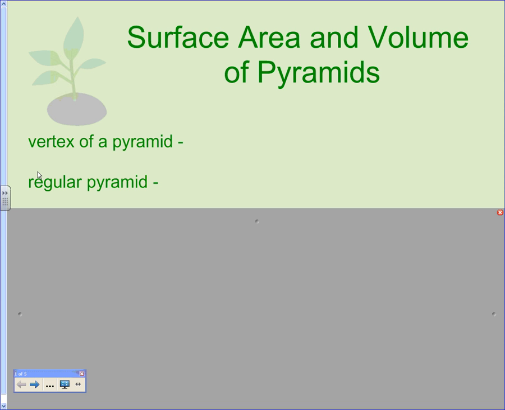That's where it gets the name regular from, the regular base. And with lateral faces that are congruent isosceles triangles.